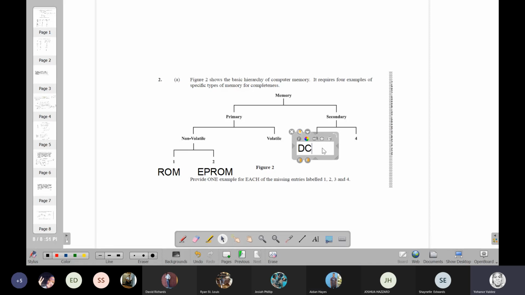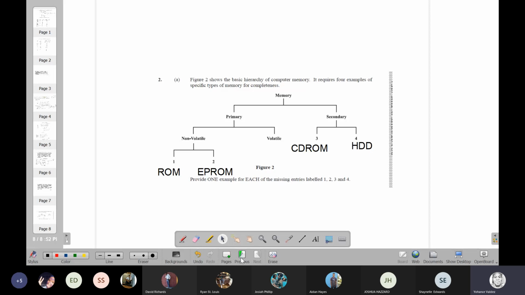So we have CD-ROM, and we have your hard disk drive. Okay. So marks given away. That's 4 easy marks.